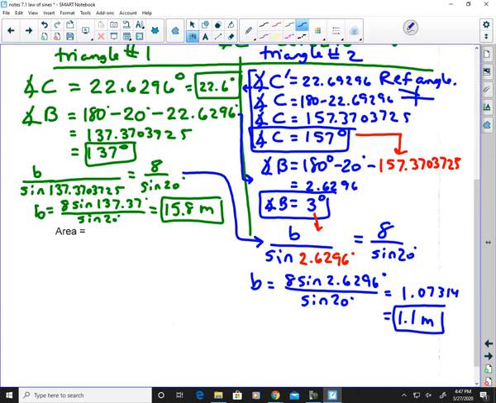Now my area. I think looking at this triangle, it would be best to use angle A because I have the most information about it.